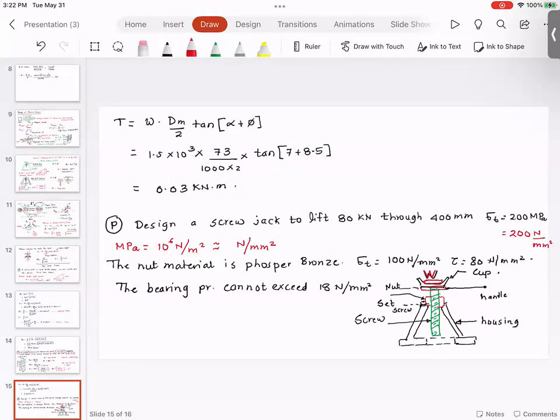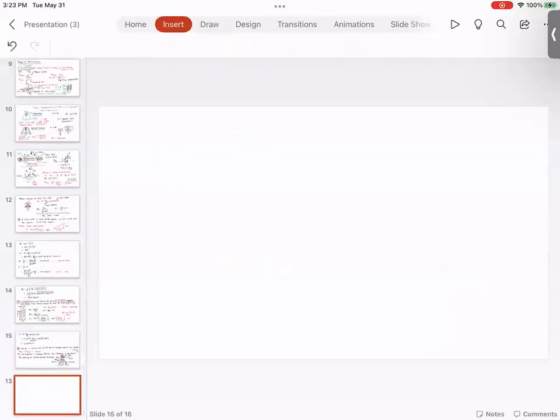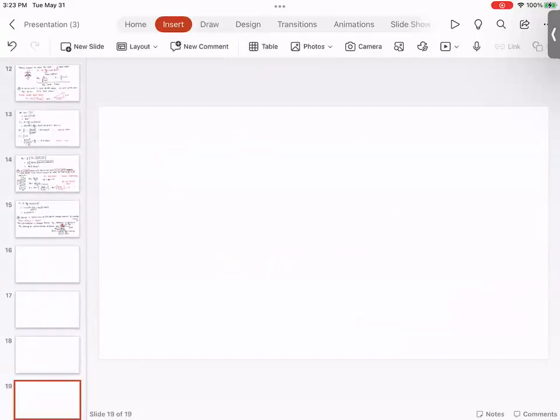So there will be some additional frictional torque that you have to overcome so that this entire assembly can be raised up or lowered down. So sometimes you can give a conservative estimate and find out the amount of torque that is needed to raise the load, plus some torque that you need to supply to overcome the friction at the interface. We'll look at those cases, but let's start with the first step, which is the screw design.